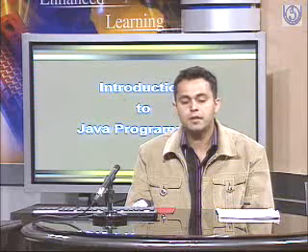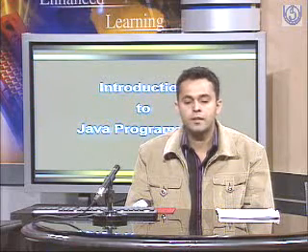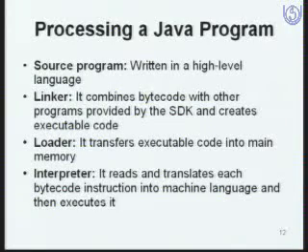Now let us see how the processing of Java programs is done. The first thing is the source program. You have to write a program in Java, which is called a source program, which then uses a linker which combines bytecodes with other programs provided by the Sun development kit and creates executable codes.